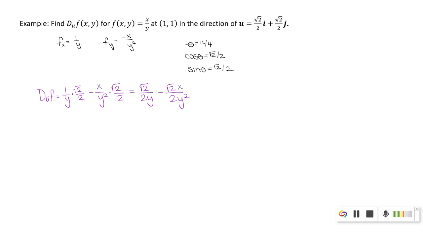And then finally, I can just plug in the point given because I want to know that derivative at the point 1, 1. So I plugged in 1 for x, 1 for y, did some math, and I ended up getting 0. So this directional derivative is 0.